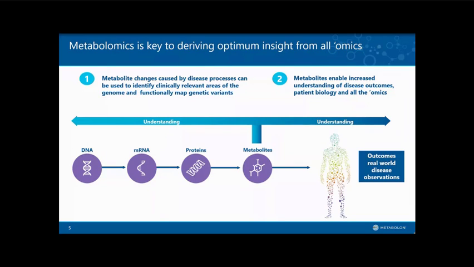We can functionally map upstream omics modalities such as genetics to understand what's going on in genes and genetic variants and how they influence health and wellness and real-world clinical outcomes, and all these other non-genetic influences, like the microbiome, that affect health and wellness in a real-world status.